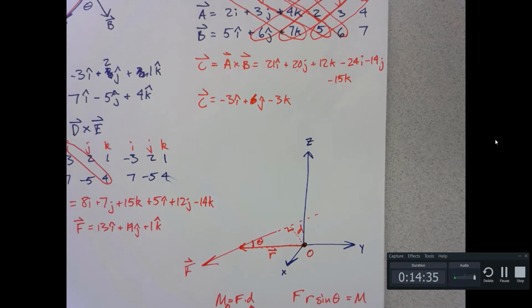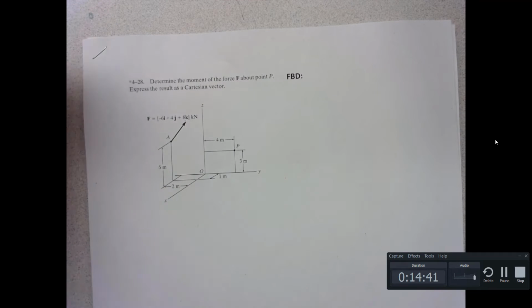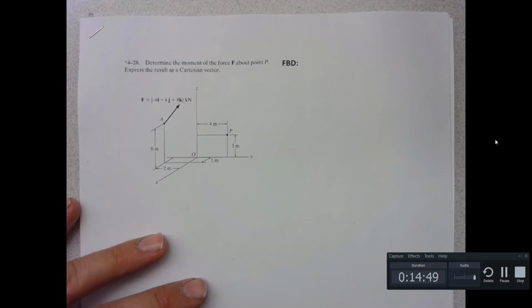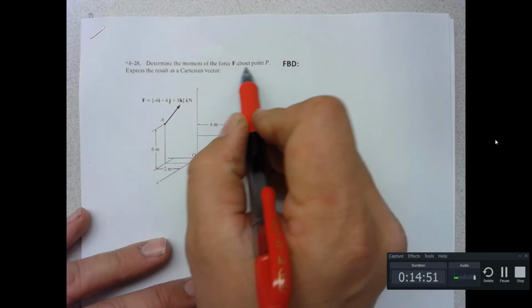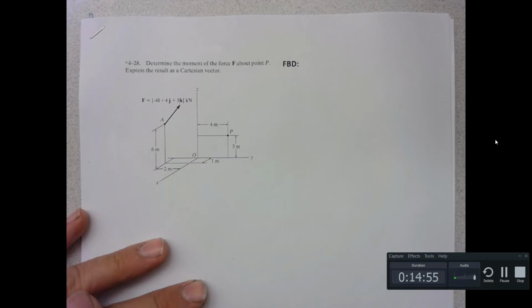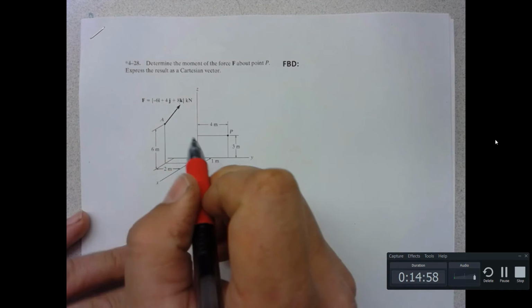So now you can bust out your packet, and let's look at problem 4-28 here. We're asked to determine the moment of the force F about point P. Express the result as a Cartesian vector.